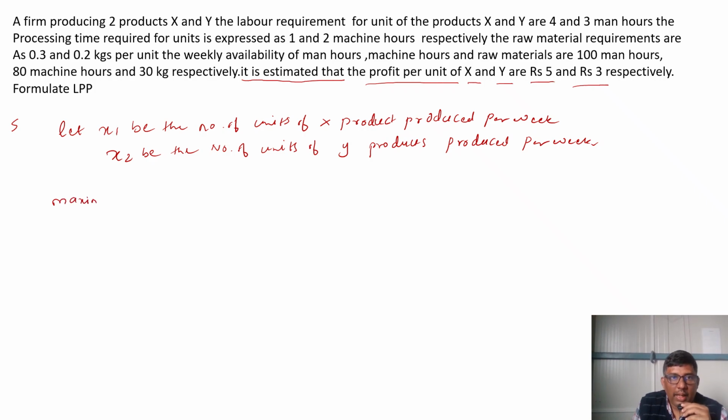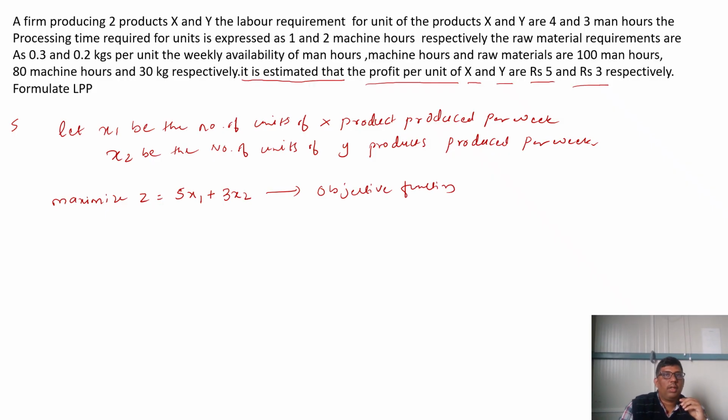So maximize Z equal to 5x1 plus 3x2. Once we write this objective function, the next work is to identify the constraint equations. The objective function is done.